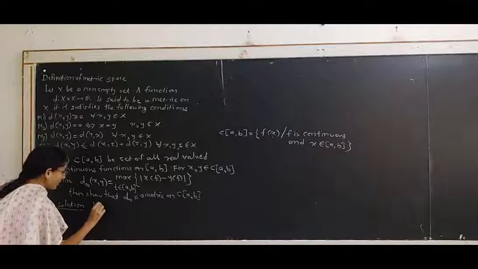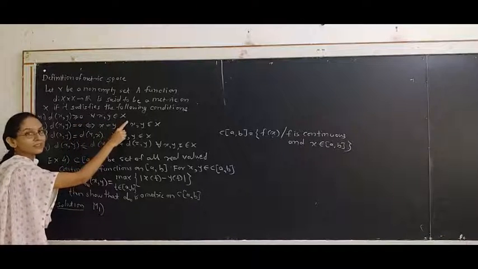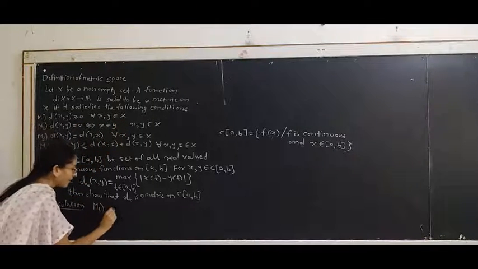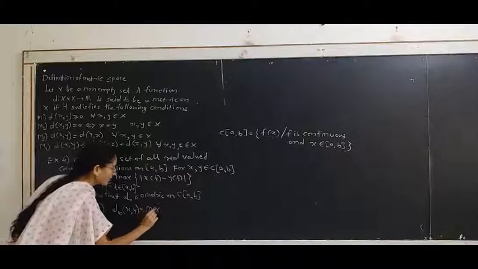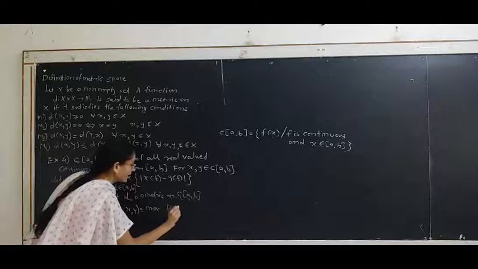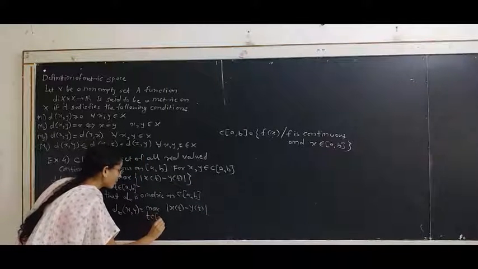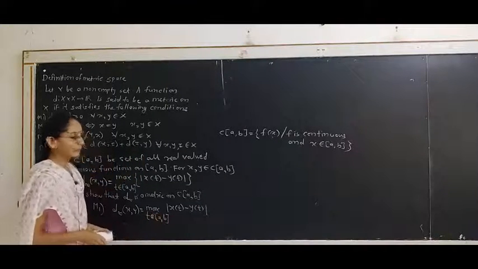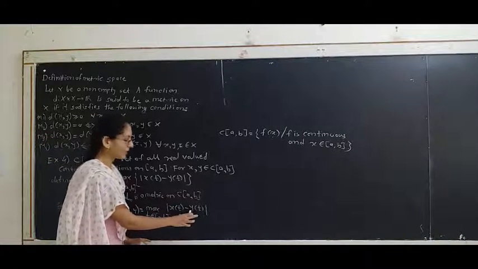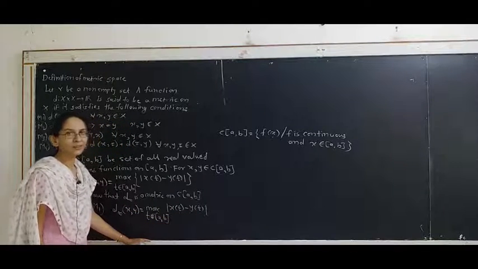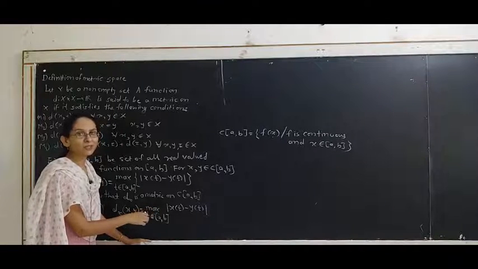The first property of the metric is that d(x,y) is non-negative for all x, y belonging to set X. Given that d infinity(x,y) is equal to the maximum of |x(t) minus y(t)|, where t belongs to the closed interval [a,b]. Being a modulus, |x(t) minus y(t)| is greater than or equal to 0, and we are taking the maximum of that modulus.